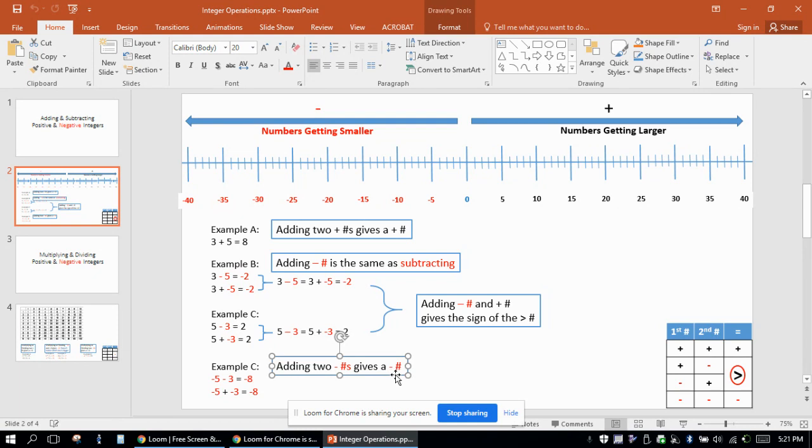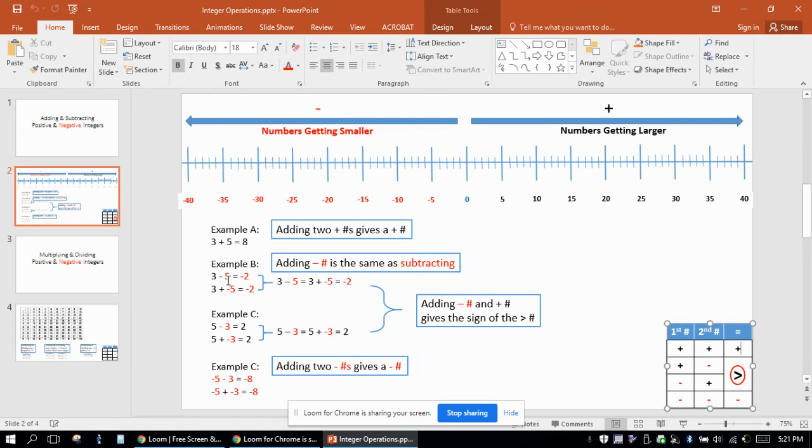All these rules that we learned right here are summarized in this box right here. I made this slide for you as a reference. When I'm adding a positive and a positive, I get a positive number, just like in this example. When I'm adding a positive number and a negative number, or a negative number and a positive number, I subtract them, and whatever the sign is of the bigger of those first two numbers, that's the sign we wind up with.